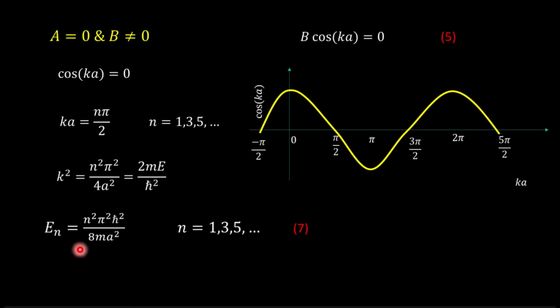Comparing these two, we get an expression for the energy En with n equal to odd integers 1, 3, 5, etc. The corresponding eigenfunctions are given by psi n of x equal to B cos n pi x by 2a.